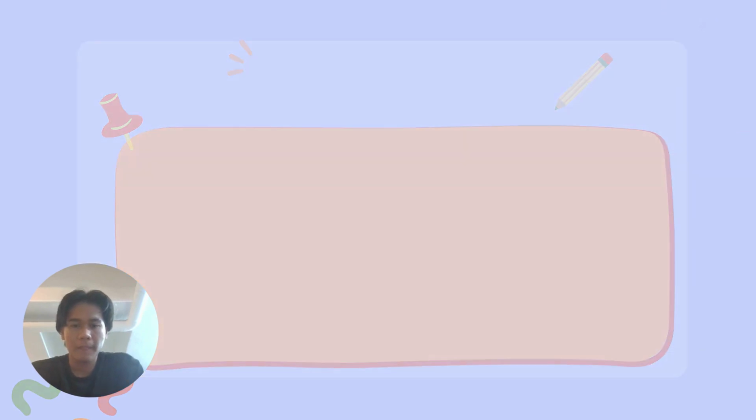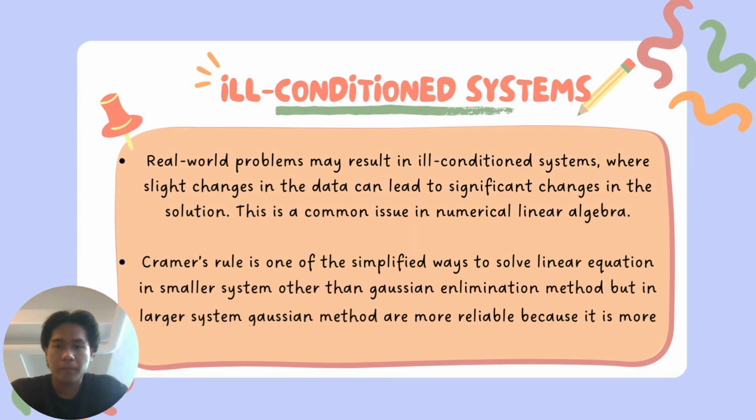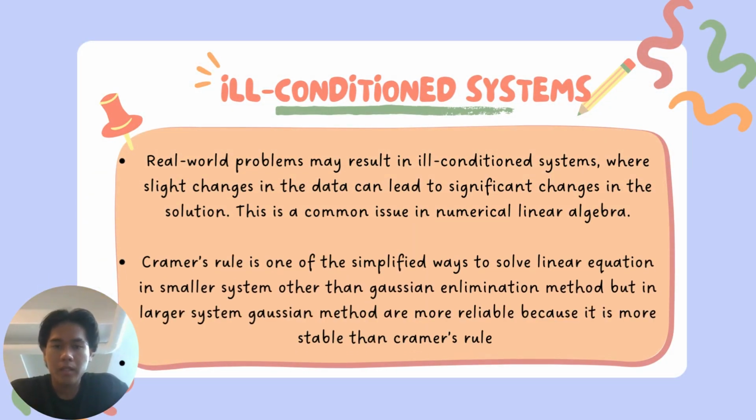Ill-conditioned system. Real-world problems may result in ill-conditioned systems where slight changes in the data can lead to significant changes in the solution. This is a common issue in numerical linear algebra. Cramer's rule is one of the simplified ways to solve linear equations in smaller systems other than the Gaussian elimination method.